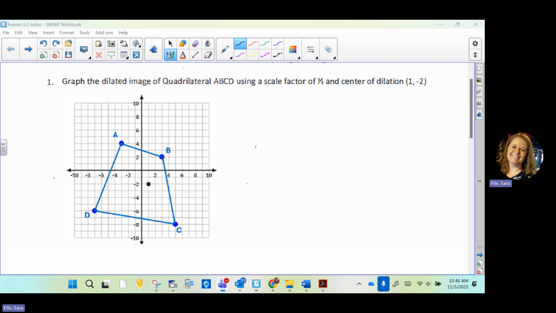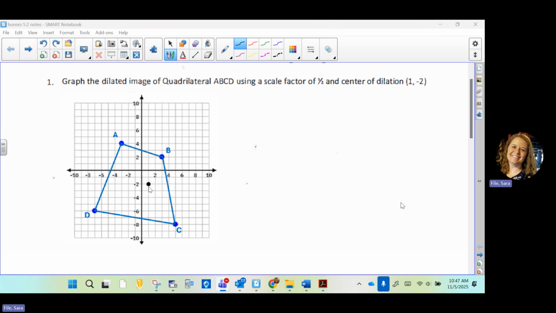Okay, so what we're looking at here is I'm going to do one point at a time. I'm going to start with point A. You have to think of it as shifting the entire coordinate plane so that your center of dilation is at the origin.